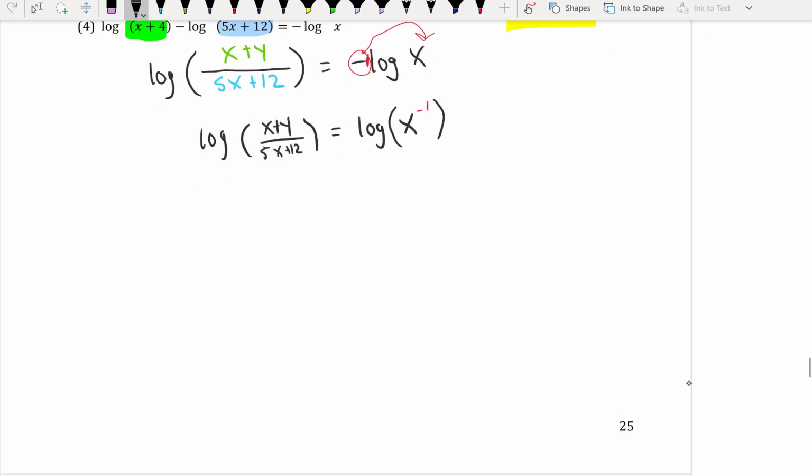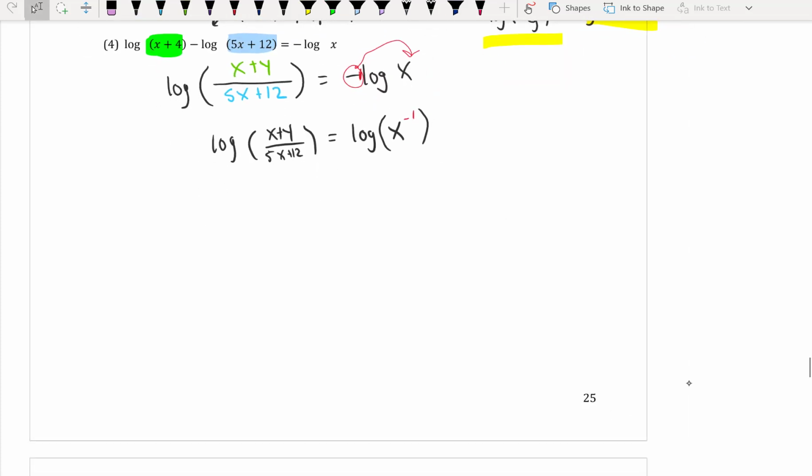Okay. So now I can set the insides equal to each other. So this inside is equal to this inside, since they're both logs. So I have x plus 4 over 5x plus 12 is equal to x to the minus 1 power.